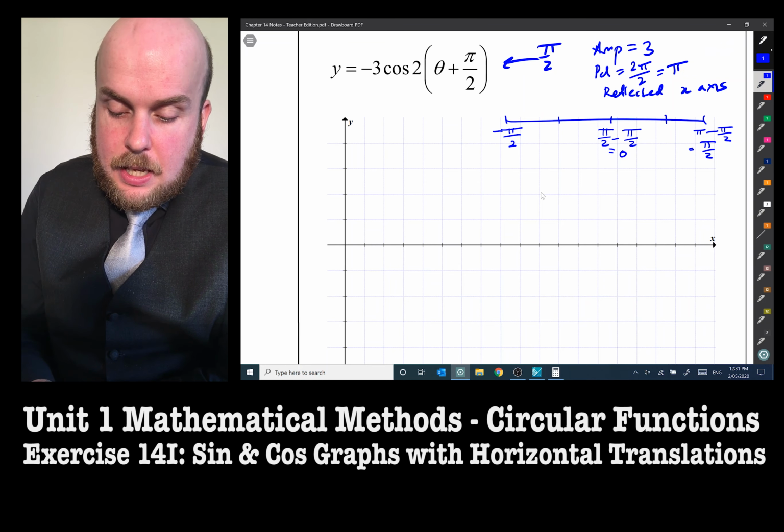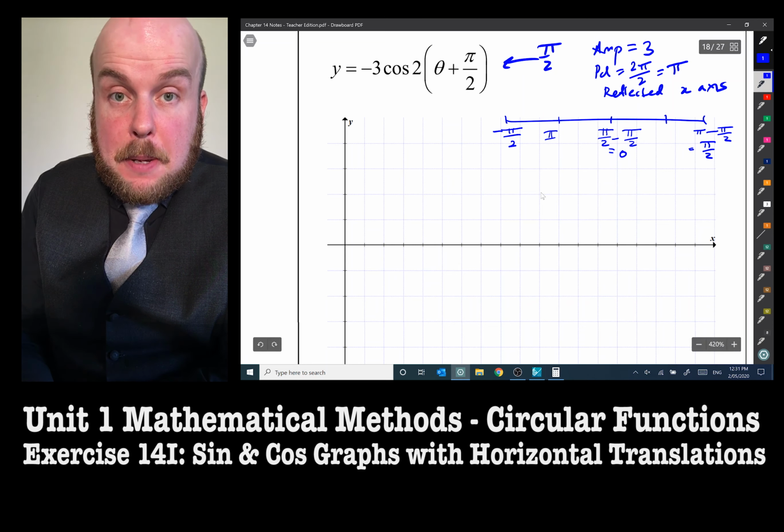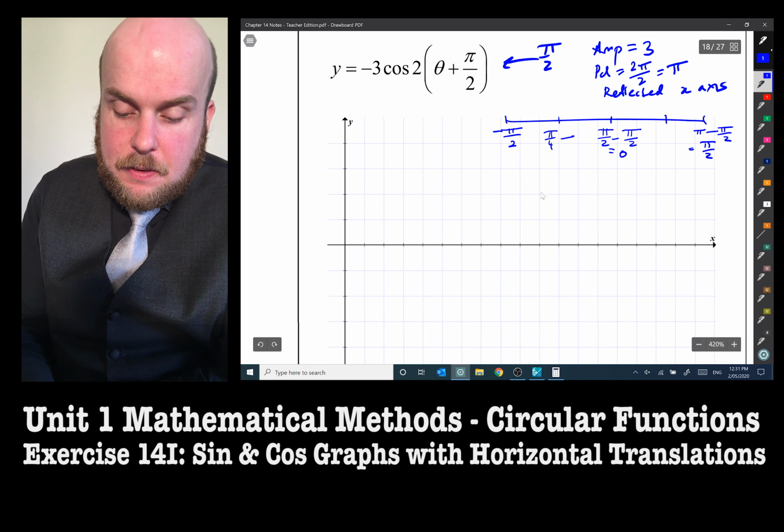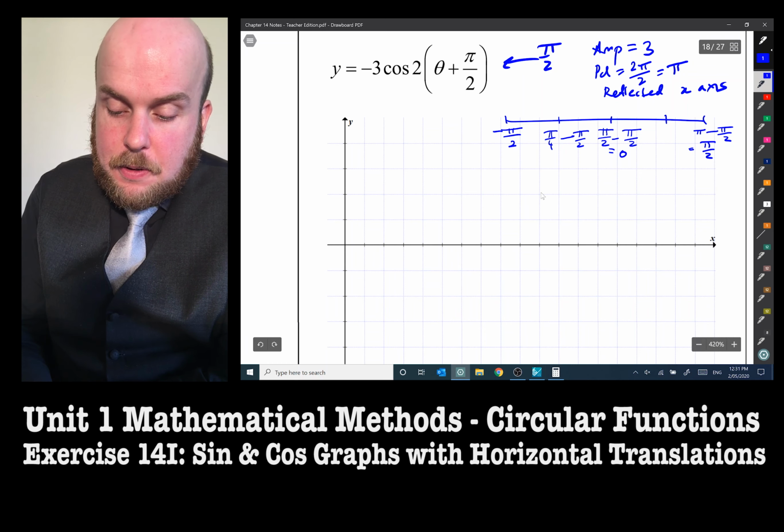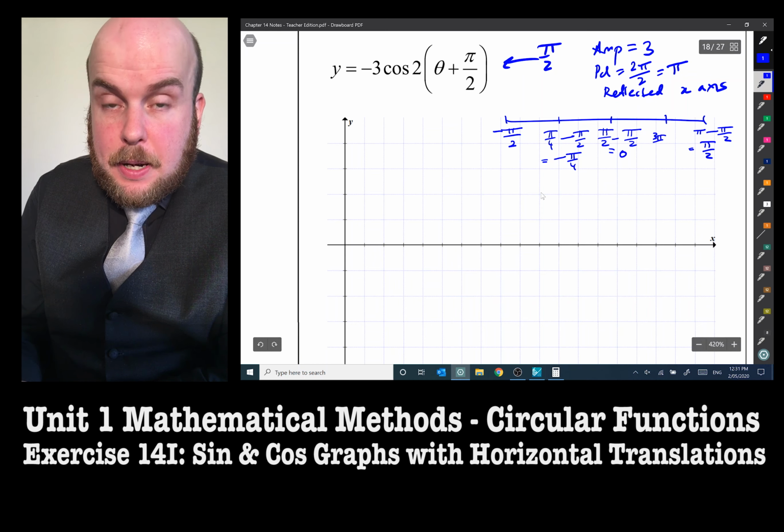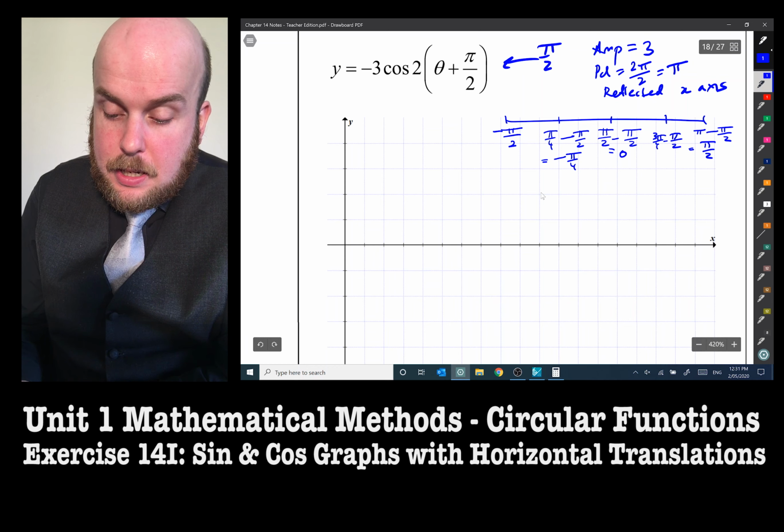In between that would be pi on 4. So pi on 4, take away pi on 2, makes that equal to negative pi on 4. And what would normally be 3 pi on 4, take away pi on 2, makes that pi on 4.